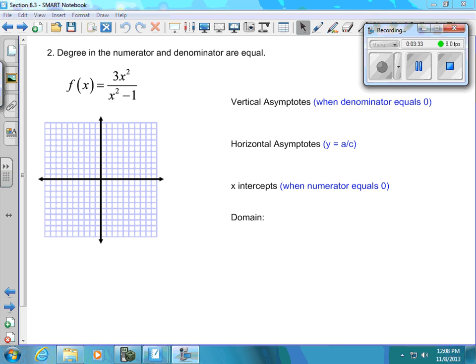Okay, so let's use that chart on the previous page to help us answer some questions and to graph this function. We're also going to use the graphing calculator. So what happens when the degree of the numerator equals the degree of the denominator? Well, a few things we can look at. One, the vertical asymptote is when the denominator equals 0. So let's start there.